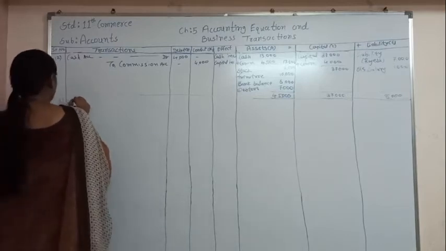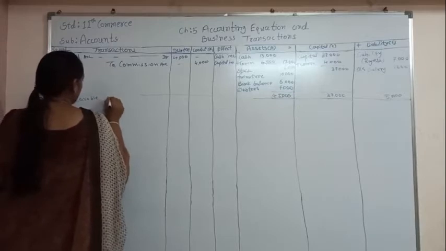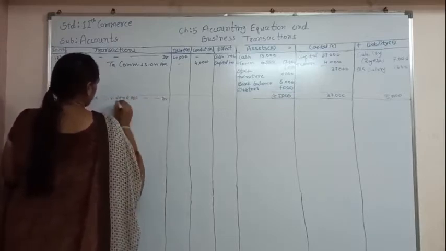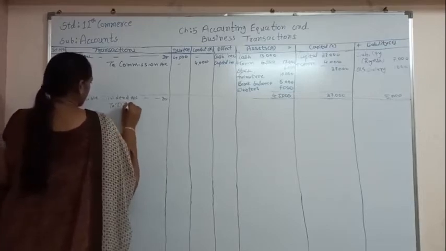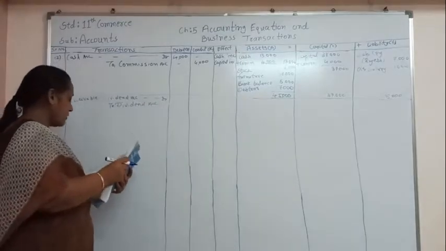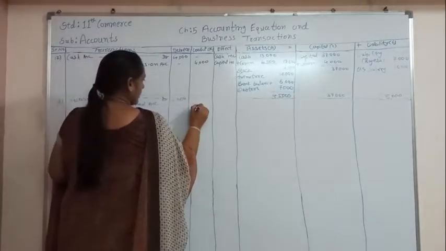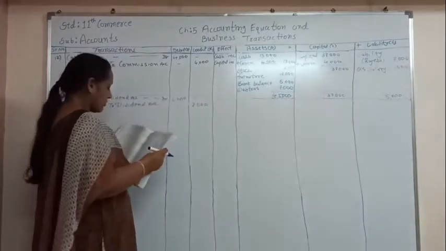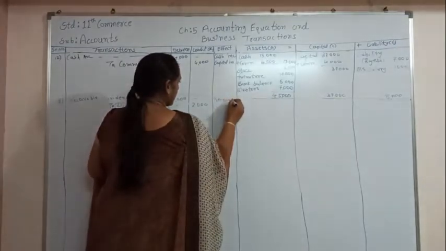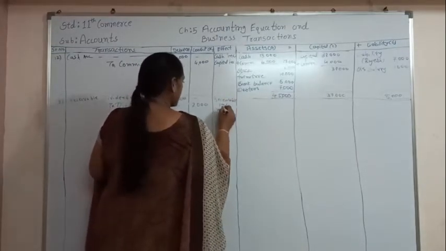Here the amount will be 2,000, and because of this transaction receivable is going to be increased as well as capital is going to be increased.